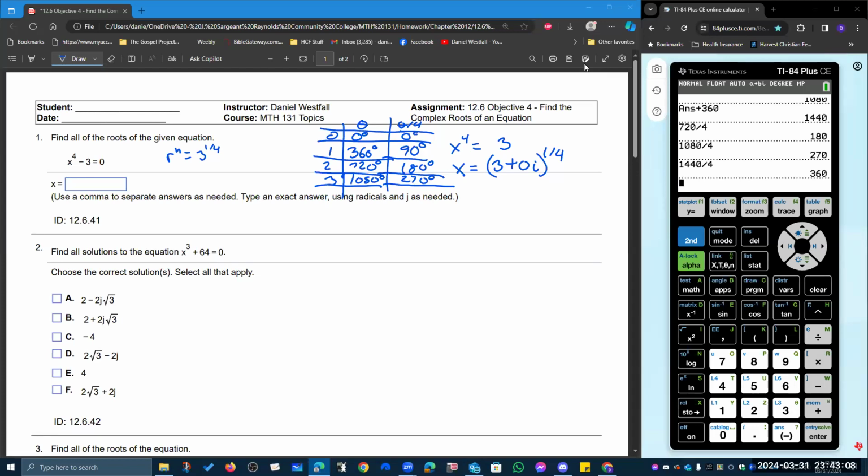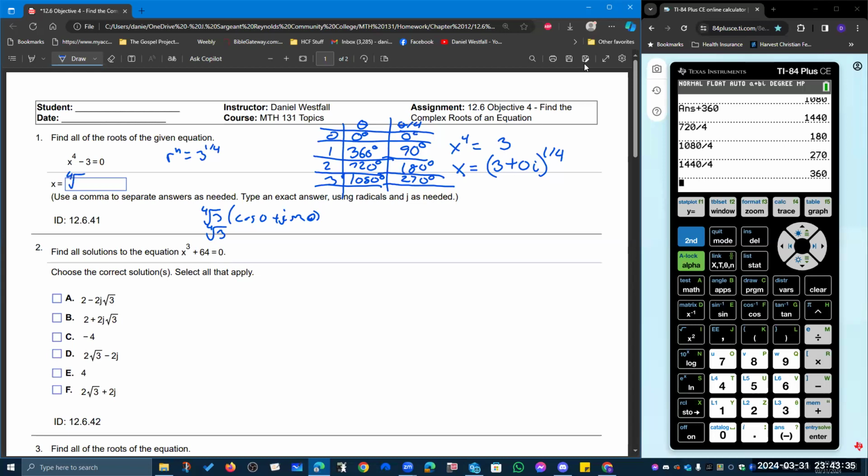So we're going to have the fourth root of 3 times cosine of 0 plus j sine of 0, which is the fourth root of 3 exactly.